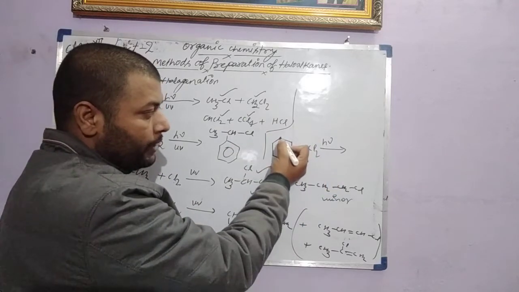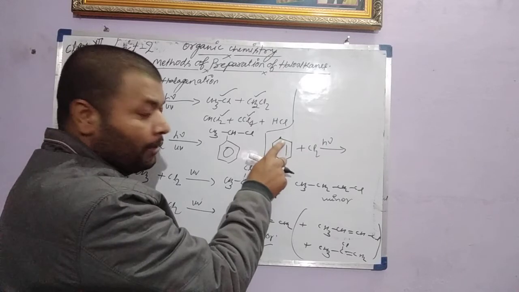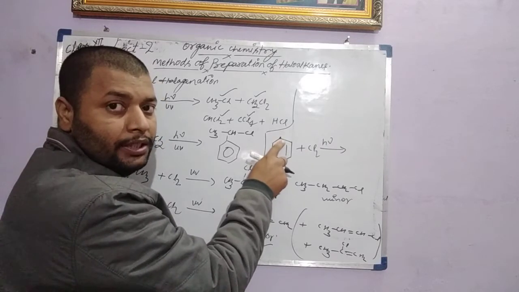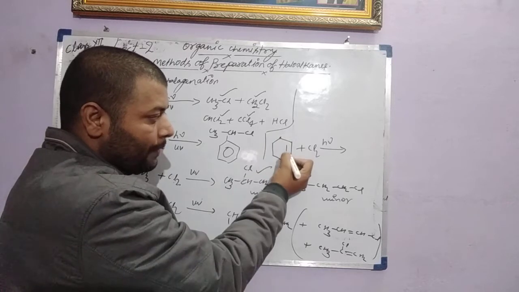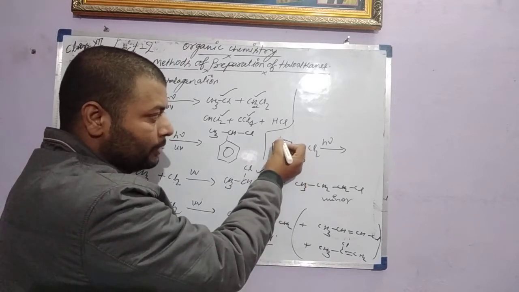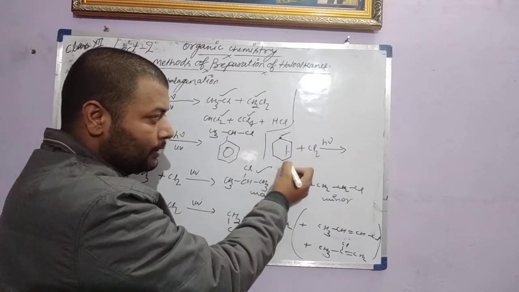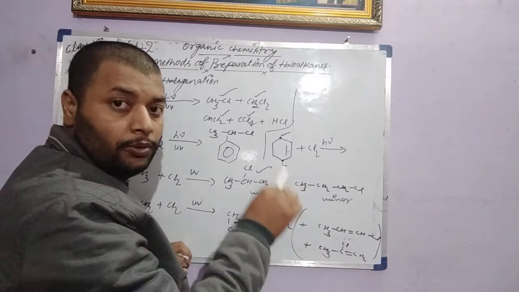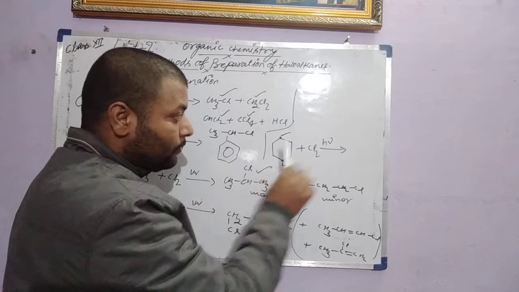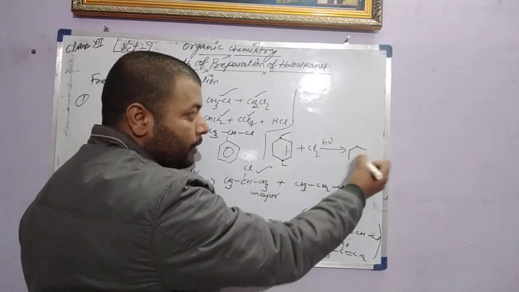This is the conjugate position: double bond, single bond, and this position is called conjugate. So you can substitute hydrogen from this position only to form the major product.